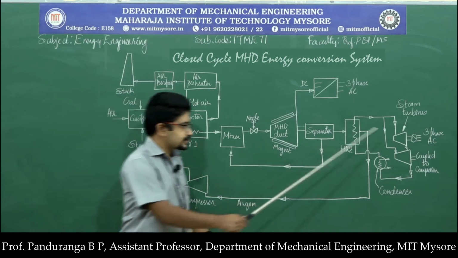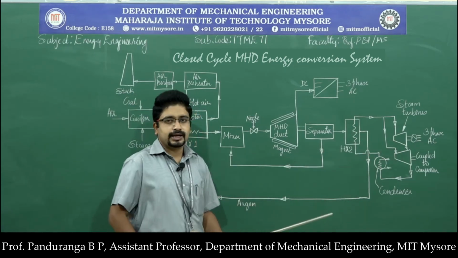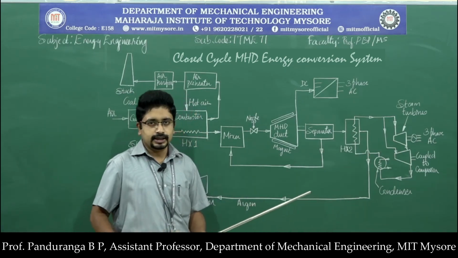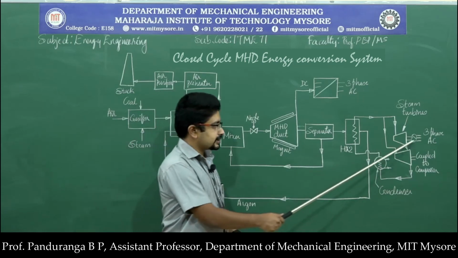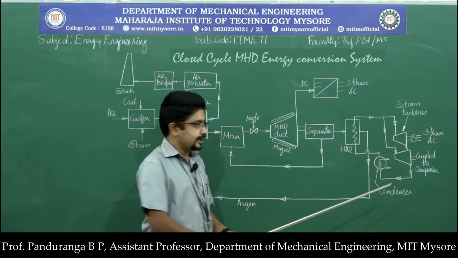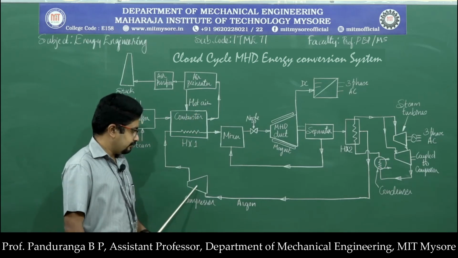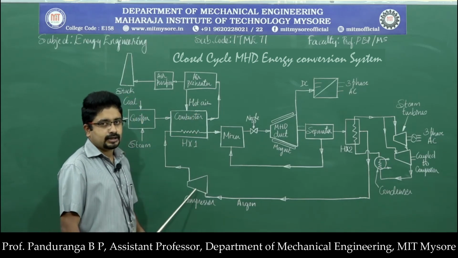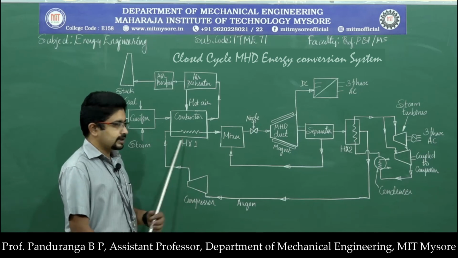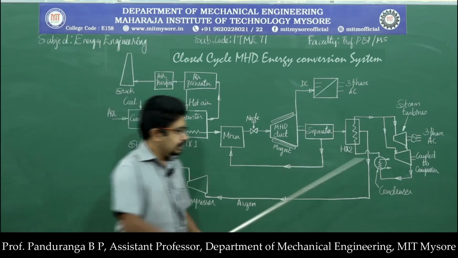So we have two steam turbines where the steam expands and produces mechanical energy, but one of them is connected to a generator and the other one is coupled to the compressor which is supplying compressed argon gas to the heat exchanger 1.